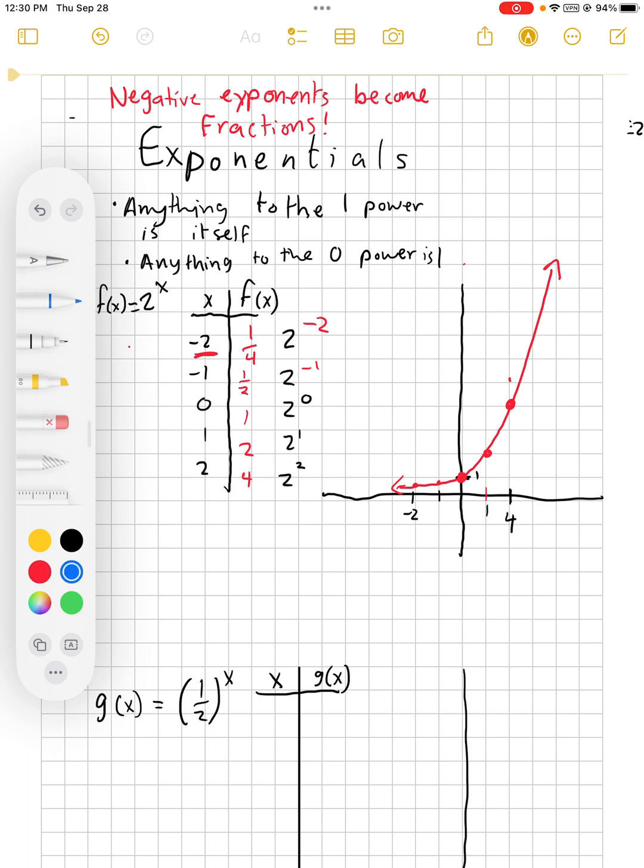Another very important feature of exponential graphs that we've yet to talk about is a new word called an asymptote.